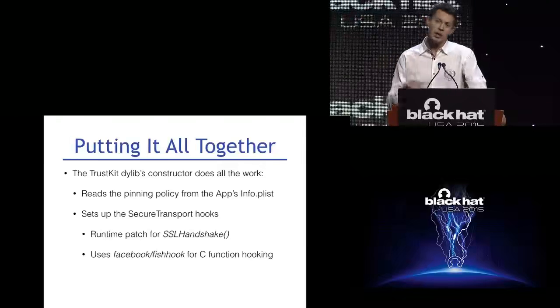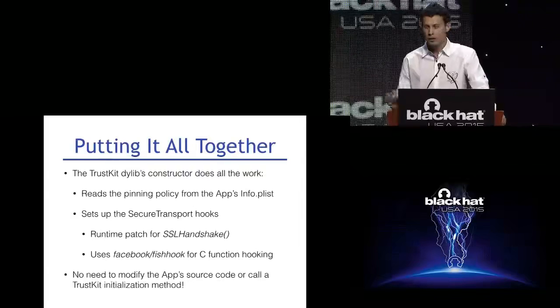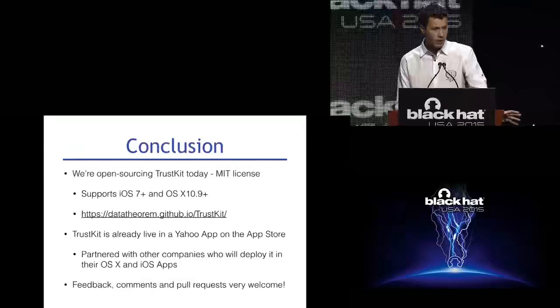Specifically, it's extending the function called SSLHandshake, which takes care of the SSL handshake, so that it does SSL pinning. And for patching that function, we're using Facebook Fishhook. That's why, as you saw in the demo, the only thing I had to do was drag and drop it. I didn't change the app source code. This was all taken care of. So that's how it works.